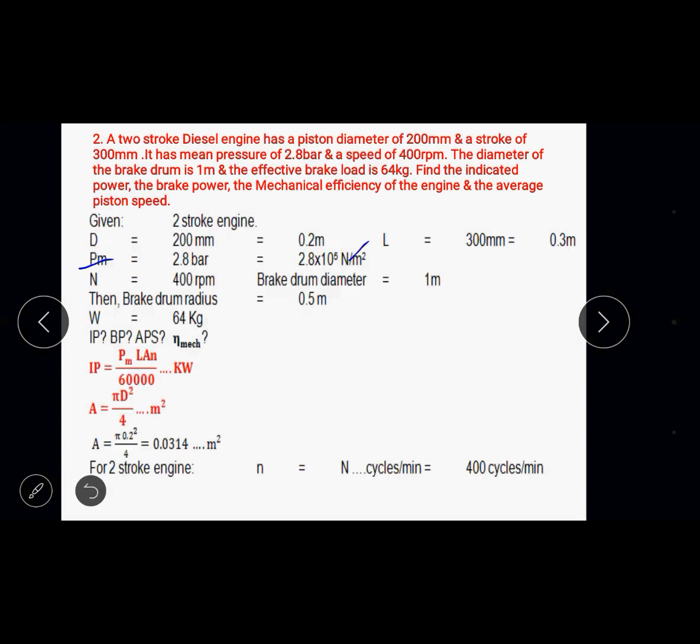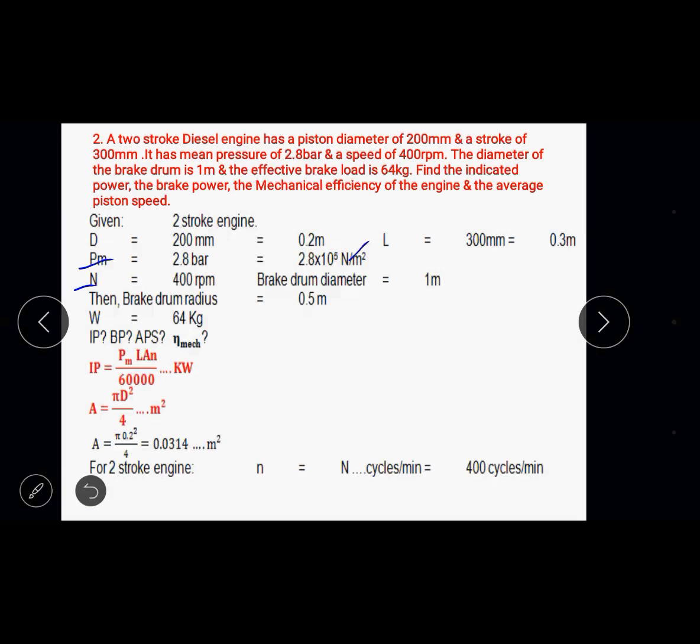And then you can see that speed is given. It can be crankshaft speed or engine speed. So it's capital N. Capital N is given as 400 RPM. And then some details related to brake power. Brake drum diameter is given as 1 meter.